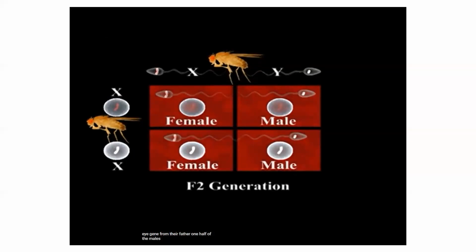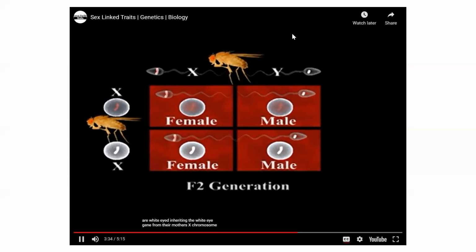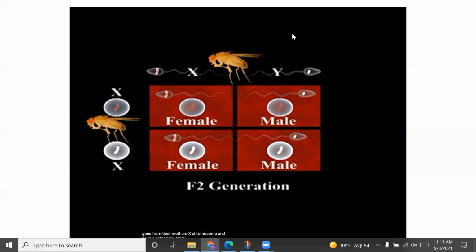One half of the males are red-eyed, inheriting a red-eye gene from the mother's X chromosome and no eye color gene from their father's Y chromosome. The other one half are white-eyed, inheriting the white-eye gene from their mother's X chromosome and no eye color gene from their father's Y chromosome.